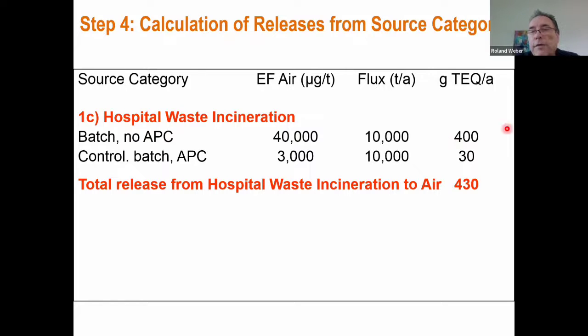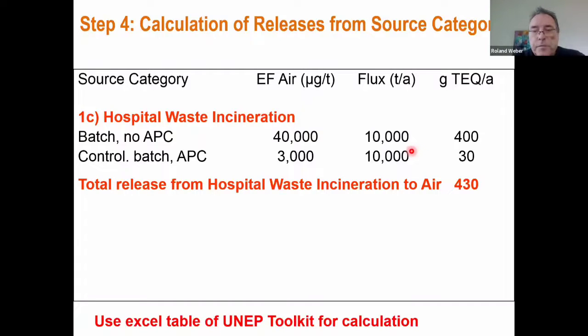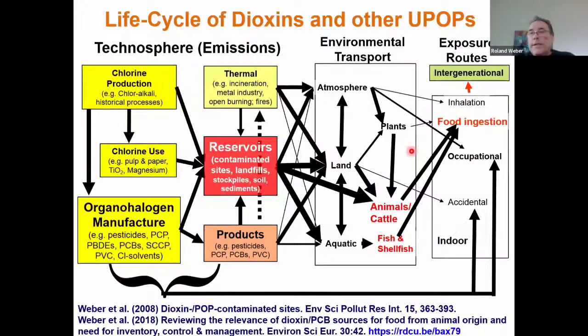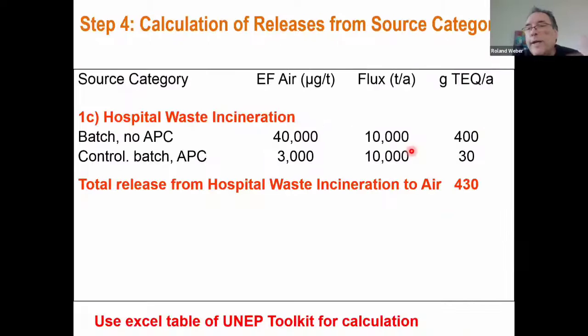It was 400 grams for the bad incinerators and 30 grams for the better incinerators, with the same tons of hospital waste burned. So this is the basis for the calculation of your dioxin emissions from the different sources.